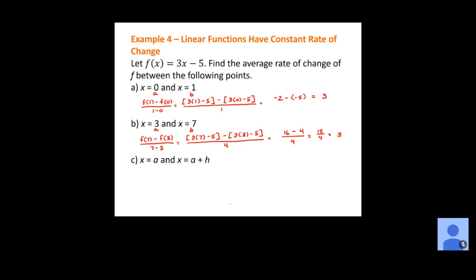All right, last one. Okay, so A and A plus H. So A is the A value, A plus H is the B value. This time we're looking for f of A plus H minus f of A all over A plus H minus A. Now, when I do f of A plus H, what's that going to look like for this function?